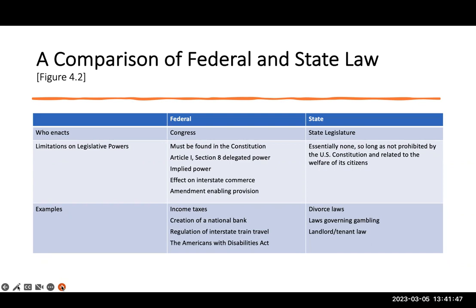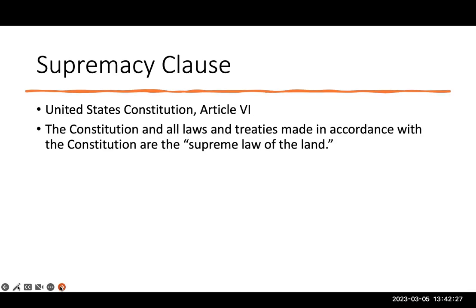The basis for that must be found in the Constitution, etc. While the state laws are enacted by state legislatures, and they're hamstrung only to the extent that they cannot enact laws that are prohibited by the Constitution. State laws, by and large, relate to the welfare of citizens and include things like divorce laws, gambling, landlord-tenant, criminal law, etc. On the other hand, federal law relates to national matters, income taxes, regulation of interstate commerce, etc.